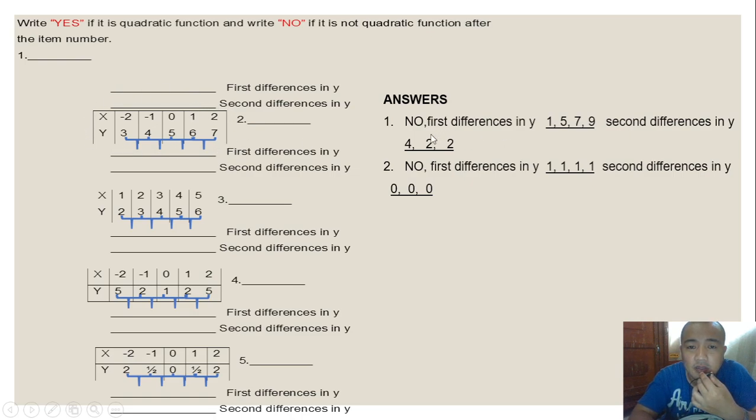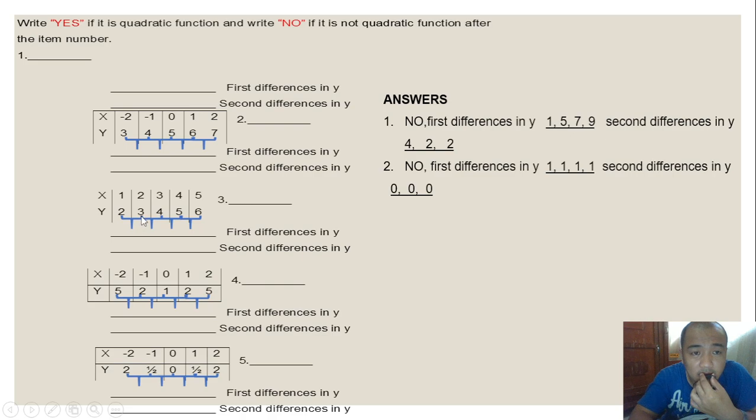Okay, so for number 2, the first differences in y is 1, the second differences in y is 0, 0, 0. But still, it's not a quadratic function because the first differences in y should not be equal. Only the second differences in y are equal.